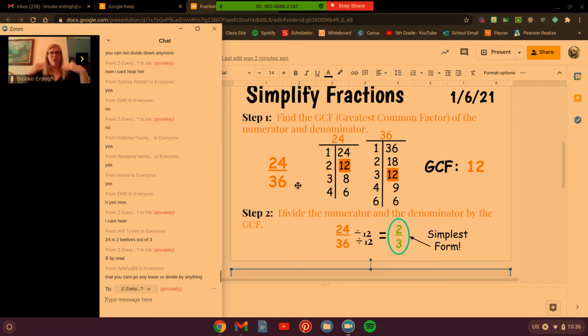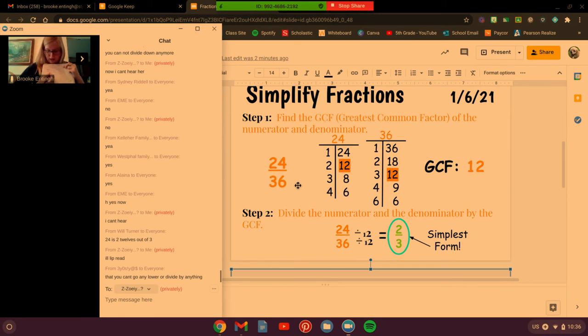Now, if I'm looking at 4 over 6, and I can write this down too, if I were to accidentally choose a factor that isn't the greatest common factor, and I ended up with 4 over 6, well, I would look at 4 over 6 and say, hey, 2 can actually go into 4 and 6, so I'm not at the simplest form.